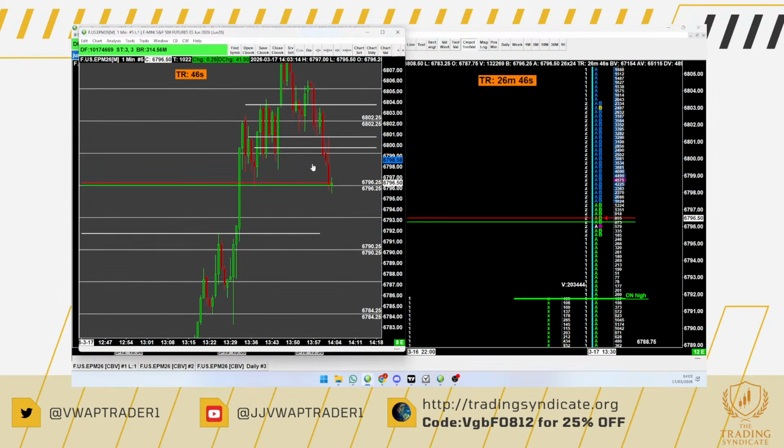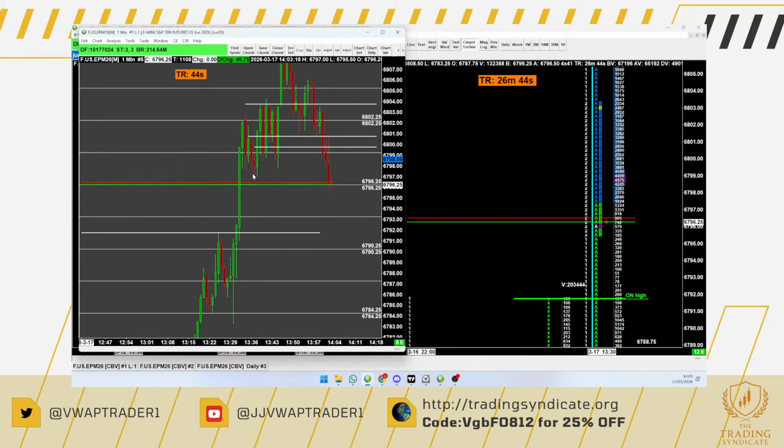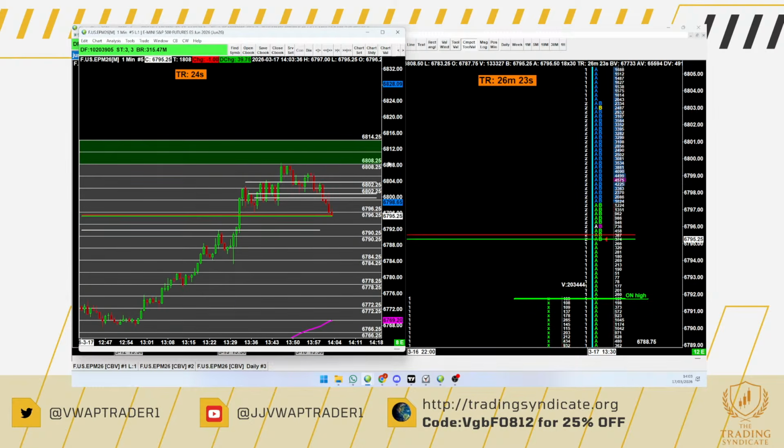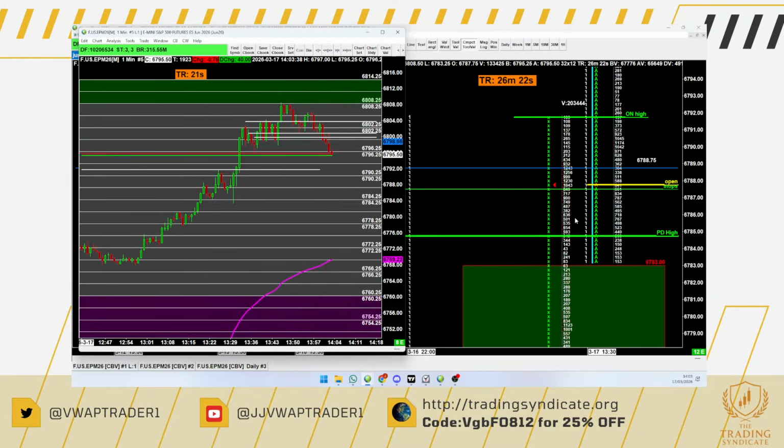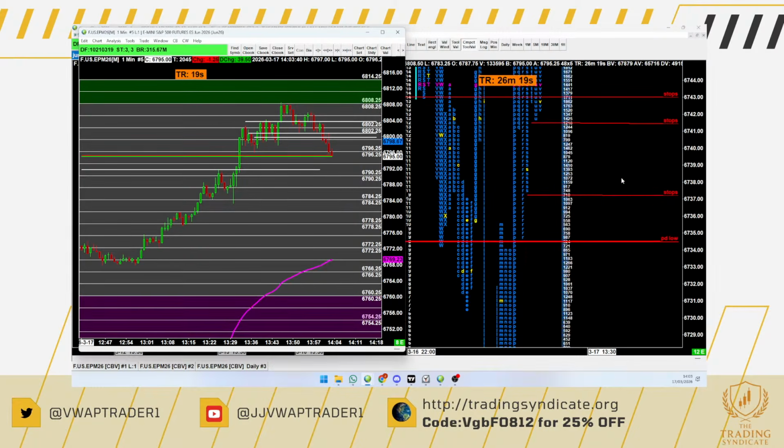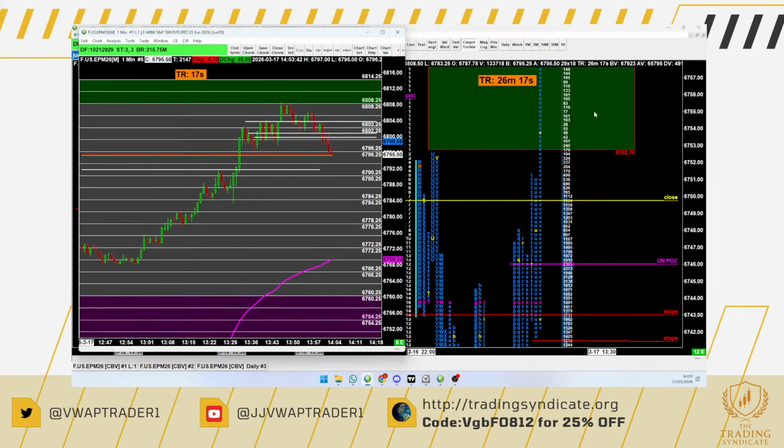See how long it took before it broke? It literally took almost an hour, basically 45 minutes, to build up and trap enough poor people over 6,800 that they start to sell. Then the people who are long under 67.91 compete with them because they can sell it all the way back down to here and still be in profit.